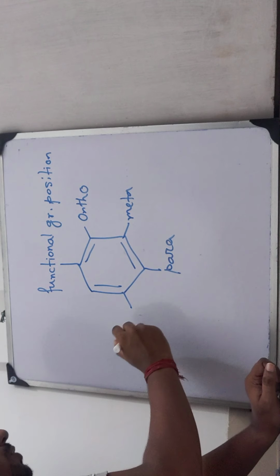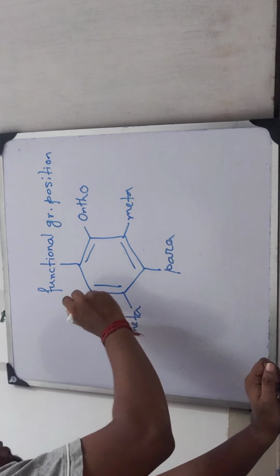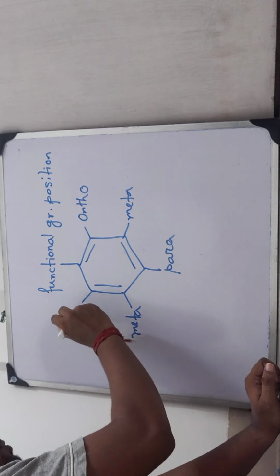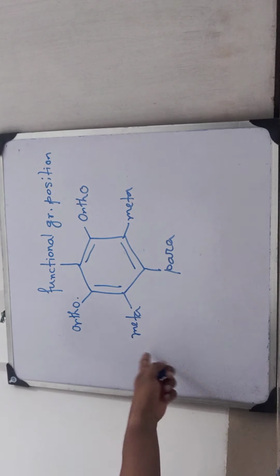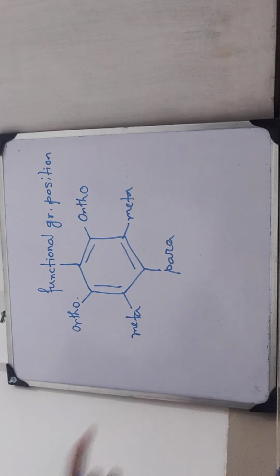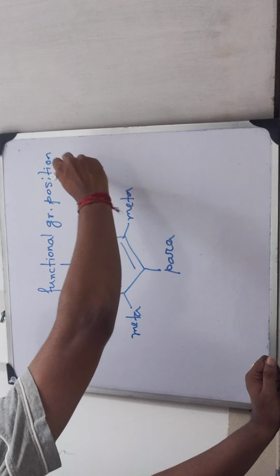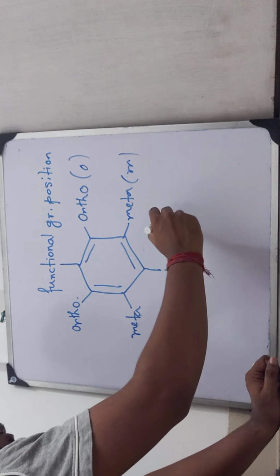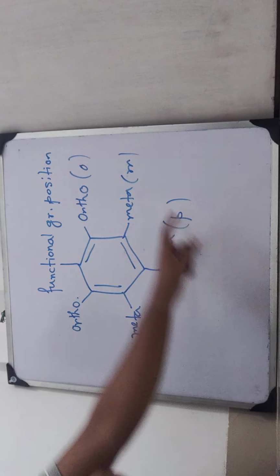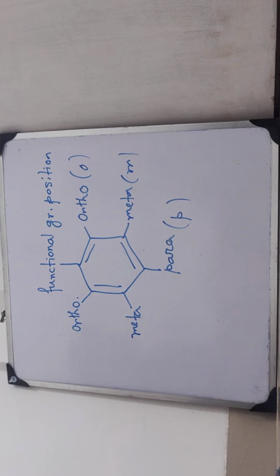This one is also known as meta, and this one is also known as ortho. So in a benzene ring, 2 ortho positions and 2 meta positions are there, and 1 para position. In short form we can use o for ortho, m for meta, and p for para. That is why m was used in the previous case. Is that okay with everyone?